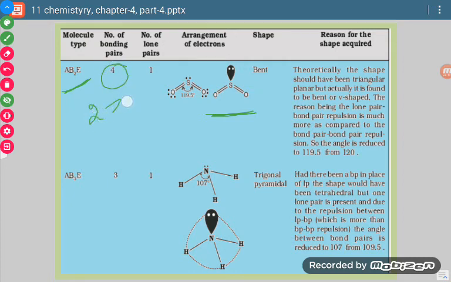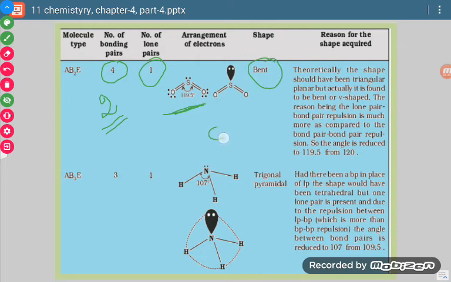Because of two double bonds, we will consider it as two bond pairs for writing its geometry. So these 4 total bond pairs are equal to 2 bond pairs as far as our geometry is concerned, and there is one lone pair. Because of this, the geometry will not be linear, it will be bent geometry.